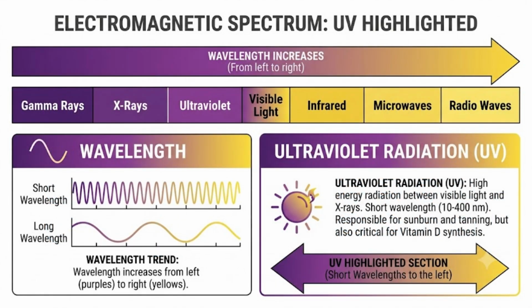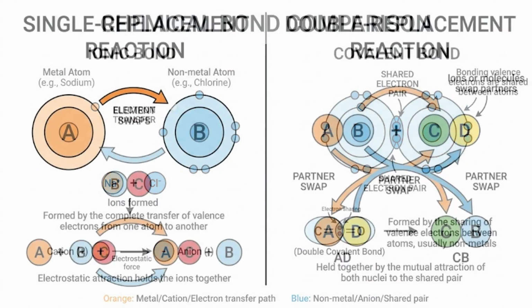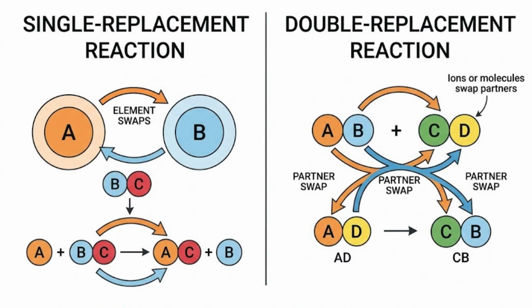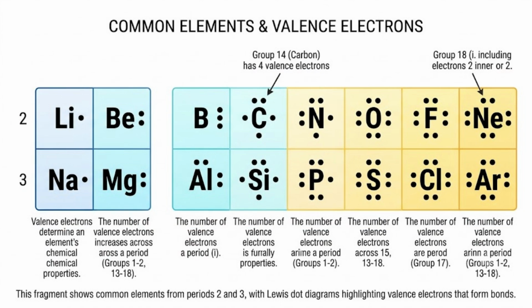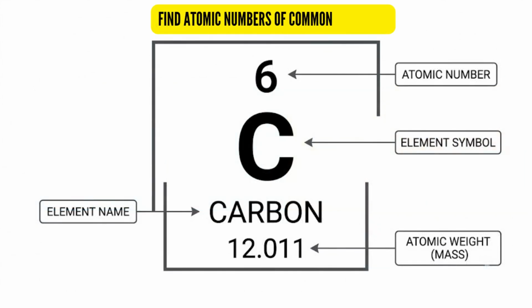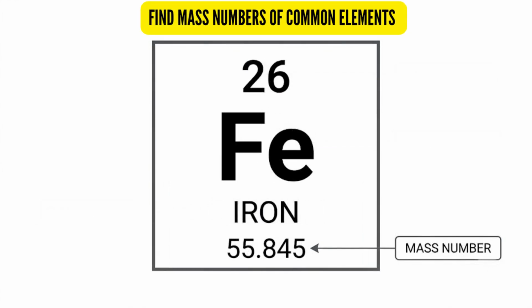UV radiation. Ionic and covalent bonds. Double and single replacement reactions. States of matter. Solid, liquid, gas, and plasma. Number of valence electrons in the common elements. Find atomic numbers of common elements. Find mass numbers of common elements.